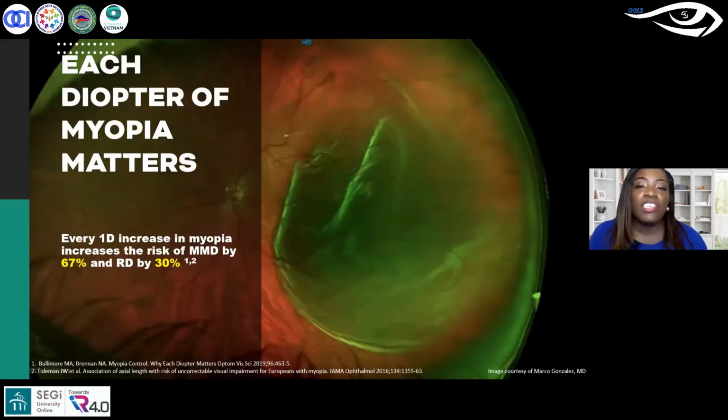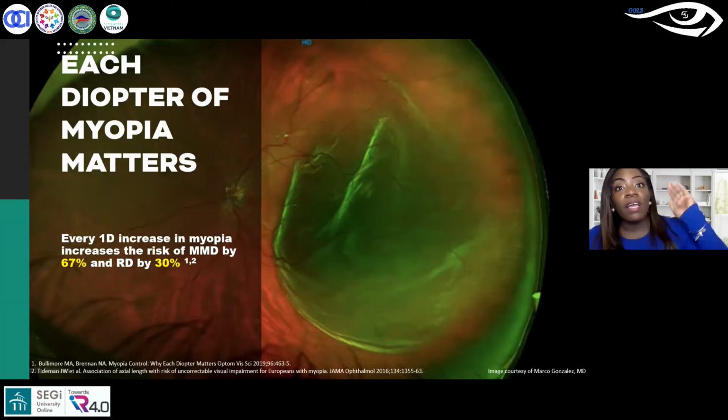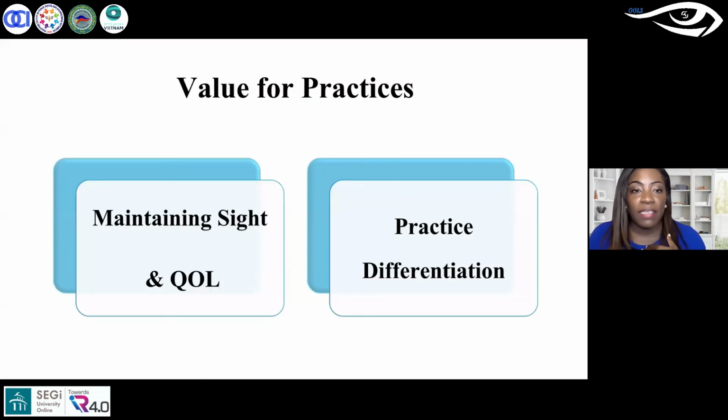Yes, each diopter of myopia matters, because every diopter increase in myopia increases the risk of MMD by 67% and RD by 30%. So the why here is that it is so important to start early, because this disease can lead to serious complications even for those who don't have very high myopia, like myself.